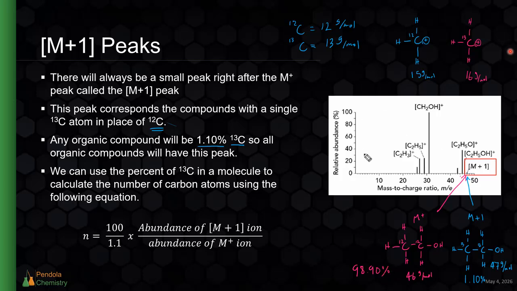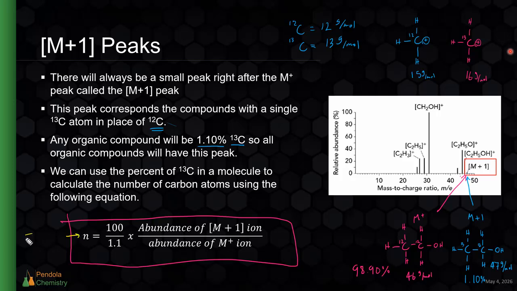So if we got these mass spectra, we can actually do this calculation right here to calculate the number of carbons, N. N is the number of carbons in our molecule. How do we figure out N?